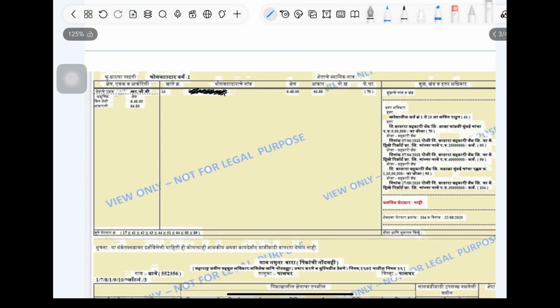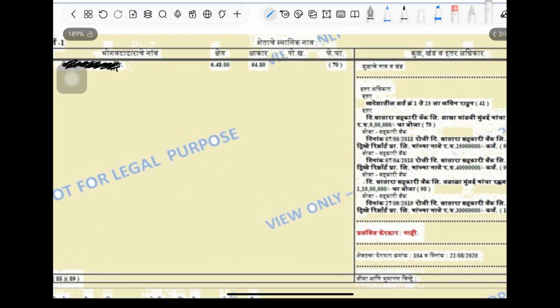For example, see here itar adhikar. In itar adhikar you will see the name of the banks, because the bank might have given a loan to this person and kept this land as a mortgage. So before doing any transaction, you have to clear this amount. If you want to buy this land, then that particular person has to clear all this loan before he transfers the land to some other person.